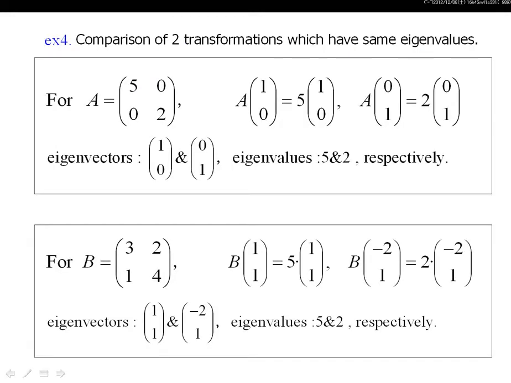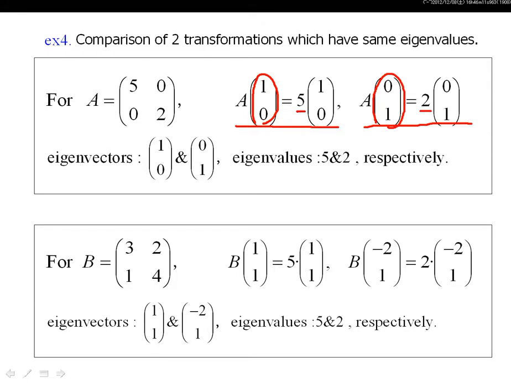So, a comparison of two transformations which have the same eigenvalues. A equals 5, 0, 0, 2. So A(1,0) equals 5(1,0), and A(0,1) equals 2(0,1). The eigenvectors are (1,0) and (0,1), and the eigenvalues are 5 and 2 respectively.